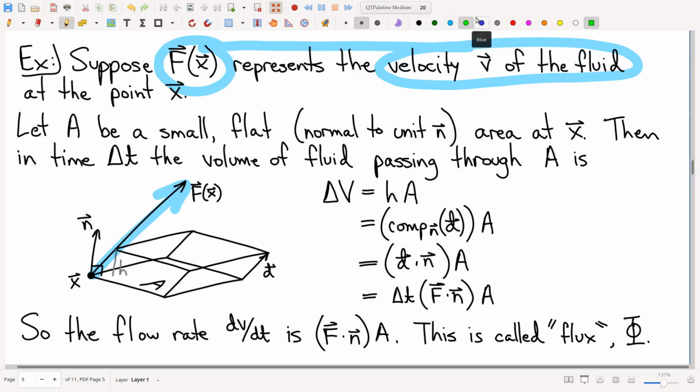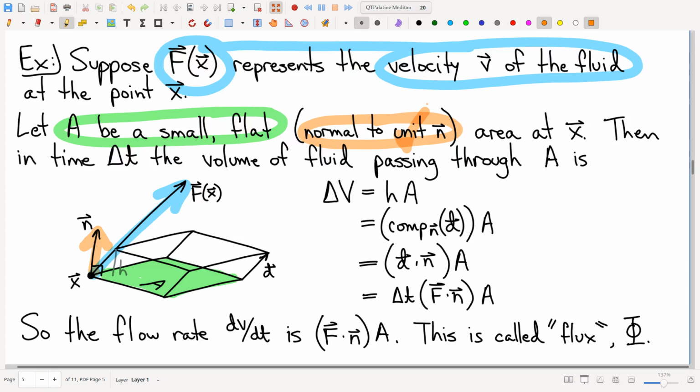If you were to have a small flat piece of area, and just for algebraic purposes, I'm going to talk about this normal vector n. You'll notice I'm making it a unit vector. So given this flow of a fluid and given this piece of area, I can ask a pretty reasonable question, which is: what's the flow rate?